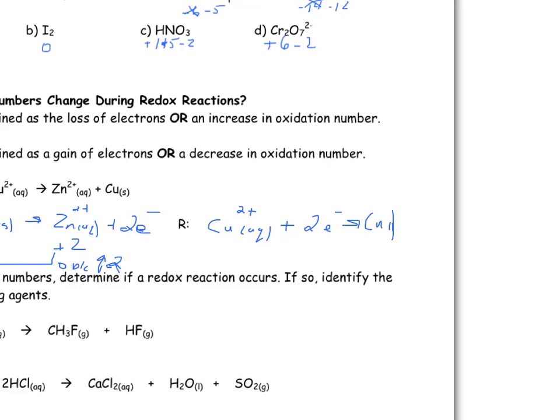Let's check out the oxidation numbers in the reduction. Because Cu2 plus is an ion, it has an oxidation number equal to its charge, plus 2. And because Cu solid is an element, it has an oxidation number of 0. Therefore, this is a reduction because the oxidation number decreased.